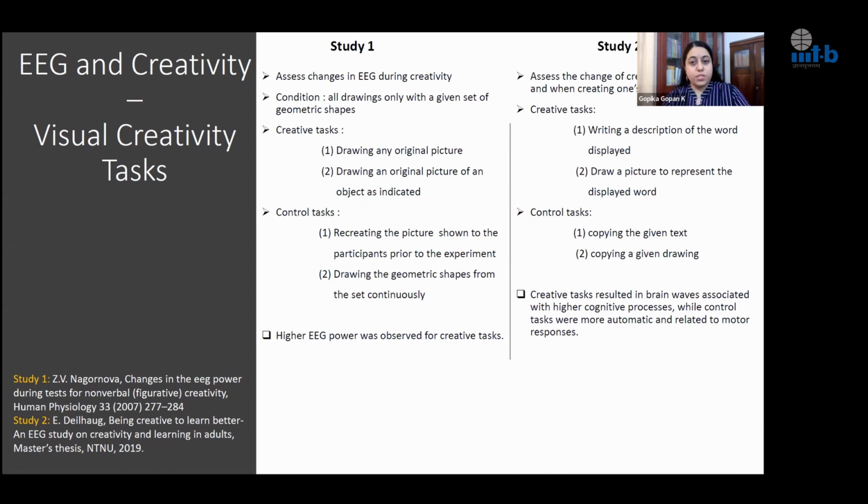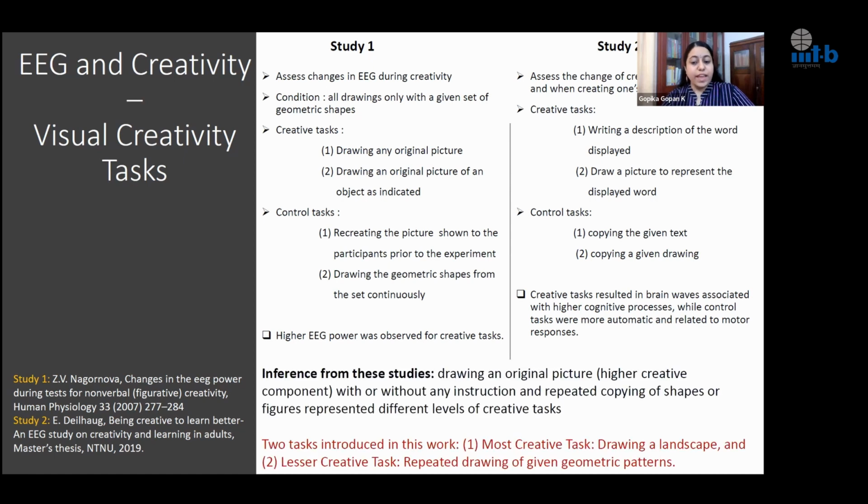What they observed was that the control tasks were more automatic and related to motor response, while the creative tasks resulted in brain waves associated with higher cognitive processes. So the inference is that when a person is doing an original drawing or an original text, there is higher creativity involved. With this in mind, two tasks were designed.